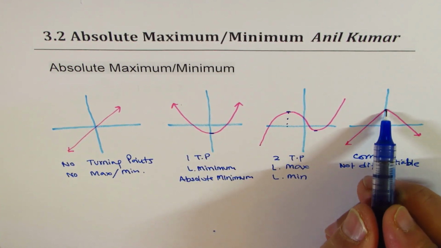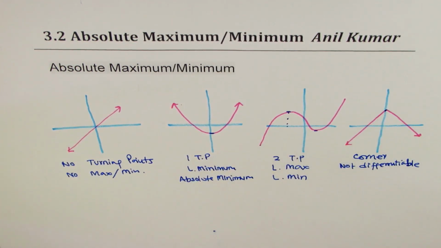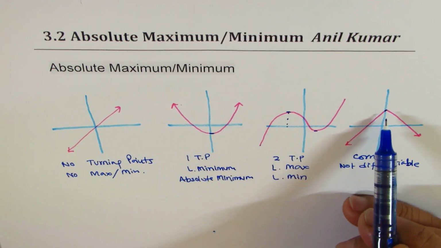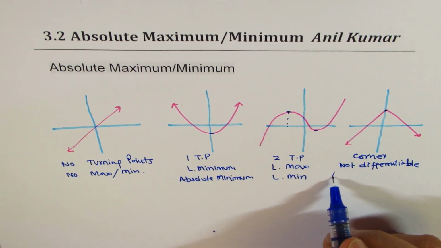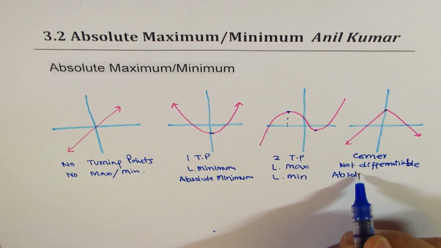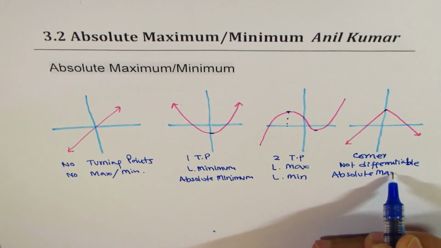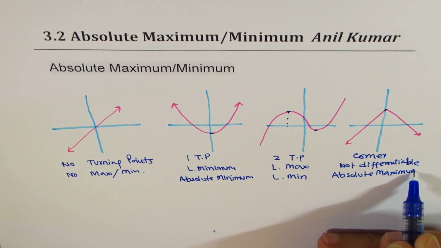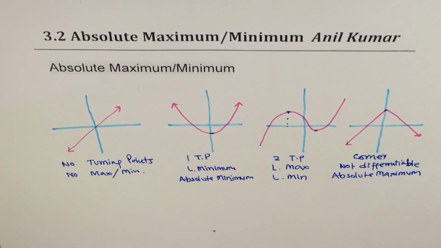If you try to find the derivative at that point, you won't get one; it does not exist. However, we have a local maximum, which is also the absolute maximum.